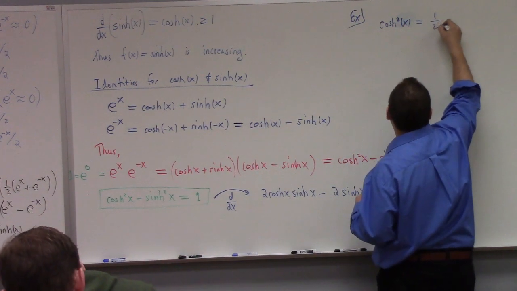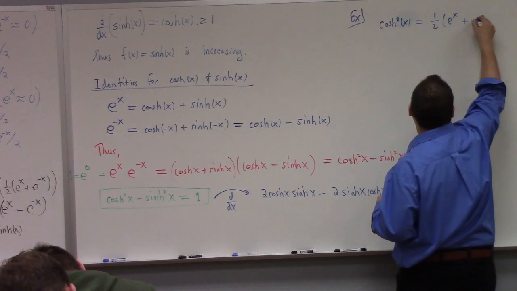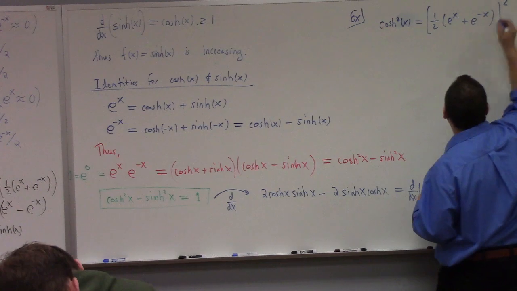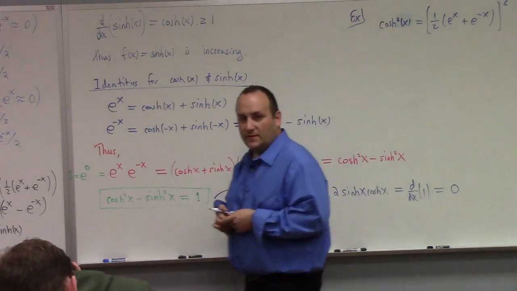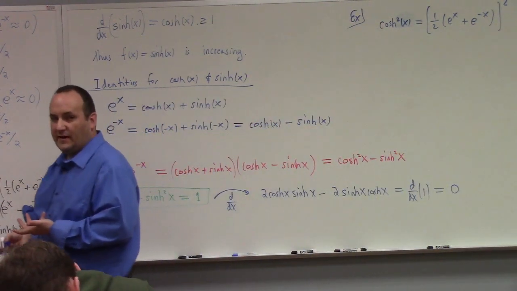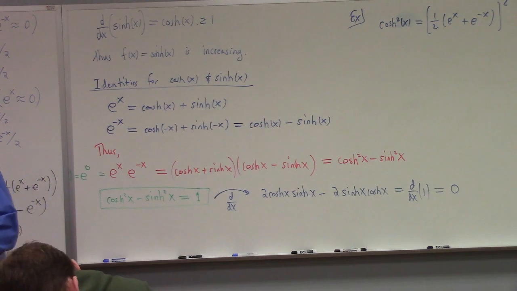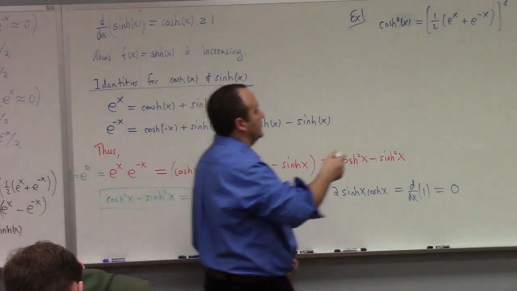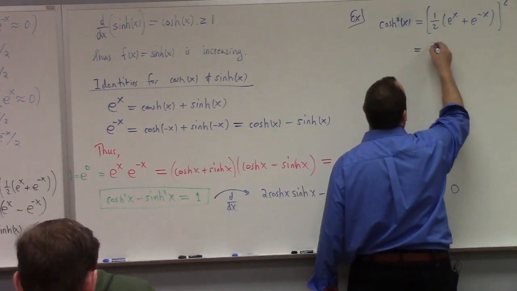So this is 1/2 times e to the x plus e to the minus x, quantity squared. There is a big difference between what I'm doing right now versus what I was doing yesterday, in the sense that there's no imaginary unit. It's just e to the x and e to the minus x. So we get 1/4.